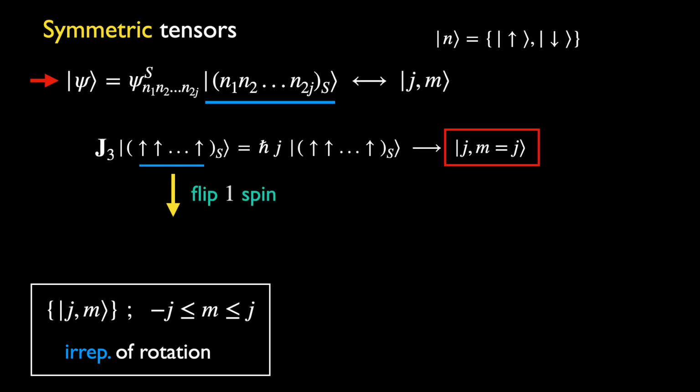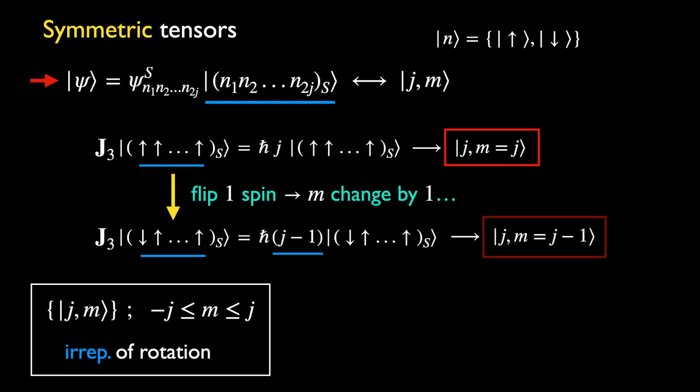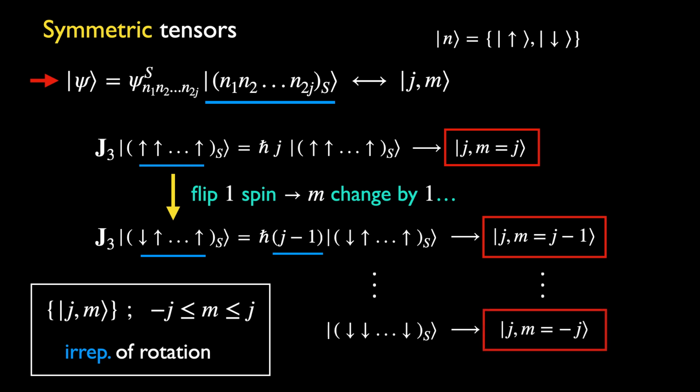Each spin we flip down corresponds to a change in the quantum number m by 1 unit, since we are dealing with spin halves. This is consistent with the smallest unit of separation between values of m. The same logic applies all the way to the lowest weight state with all spin down.